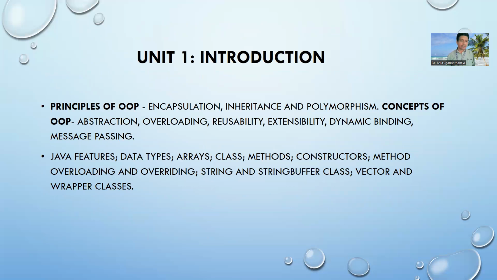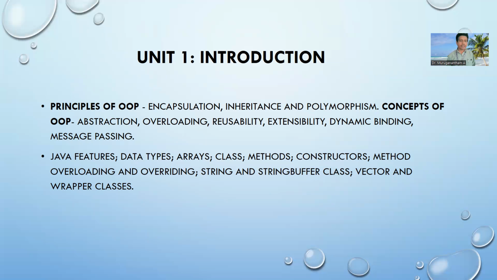And in unit 1, these are the key topics which we will be discussing. Number 1 is the principles of object-oriented programming, where we'll be discussing encapsulation, inheritance, and polymorphism. These are the core 3 principles that we'll be discussing.